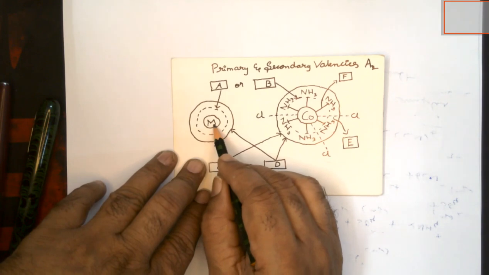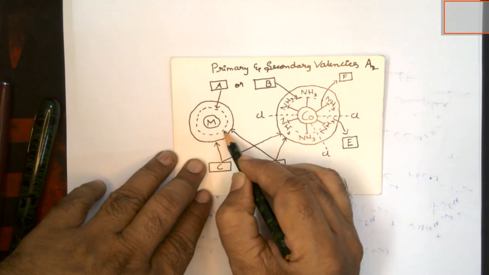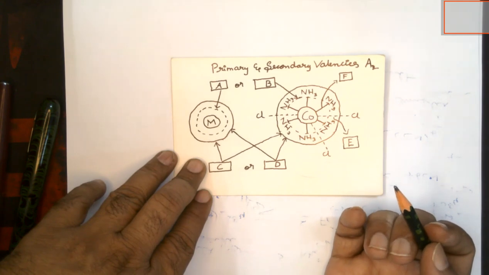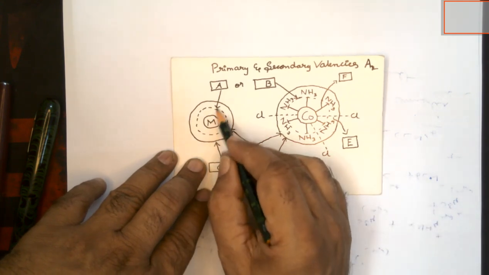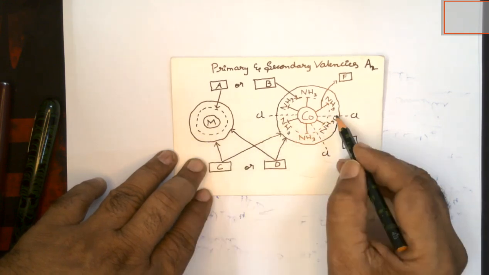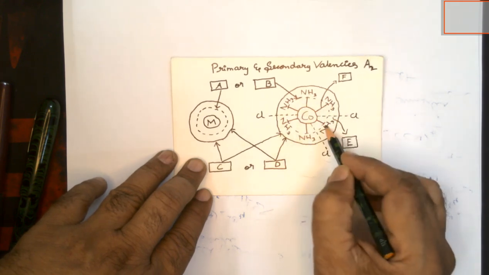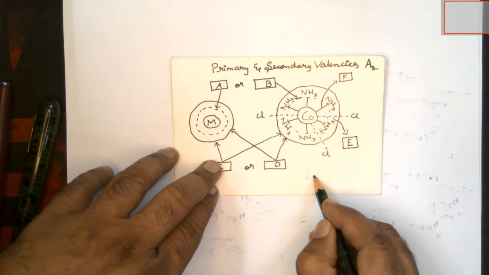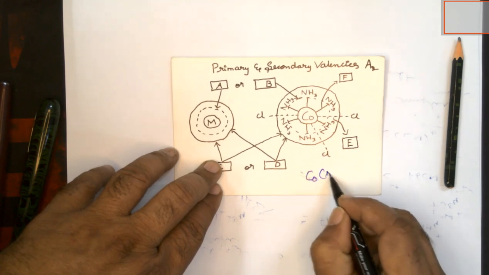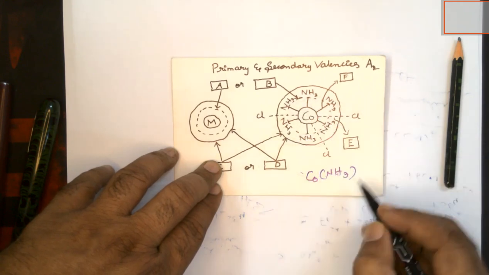Here you have got a metal, and the valency is indicated here. There is some inner sphere and there is some outer sphere. This inner sphere is tightly bound here, whereas the outer sphere is... let me consider cobalt, and the cobalt has 1 2 3 4 5 6 NH3, 6 times.